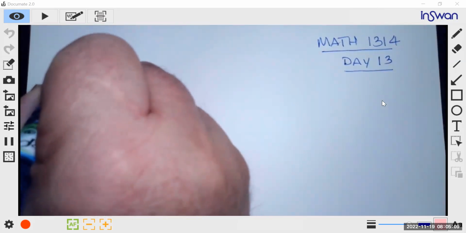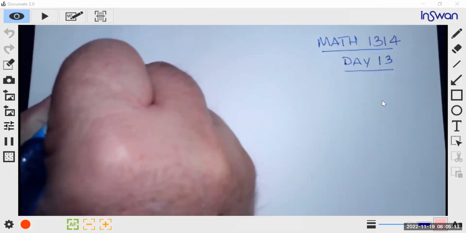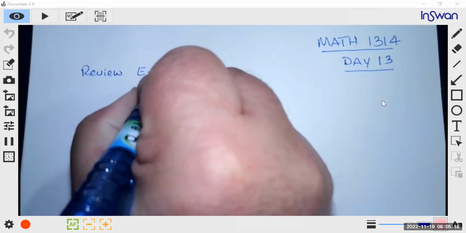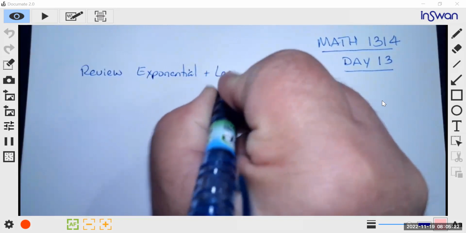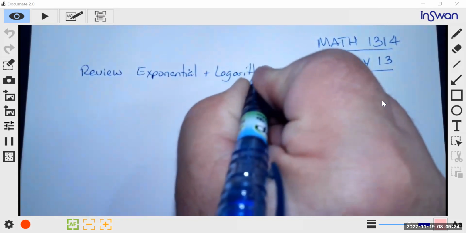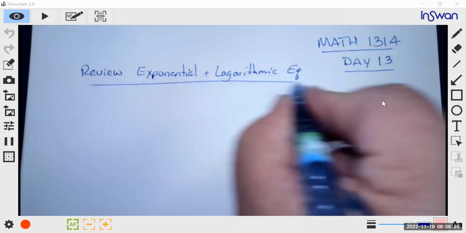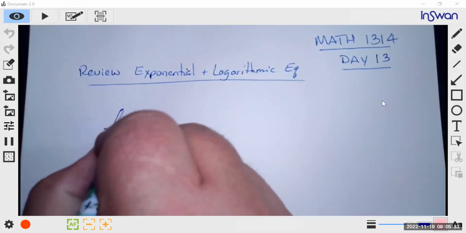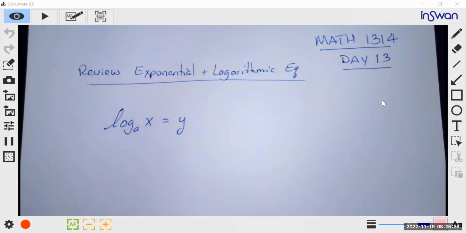So to begin with, let's review exponential and logarithmic equations. The logarithmic equation is written this way.